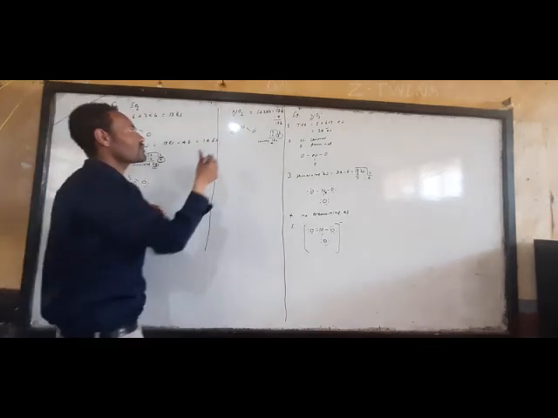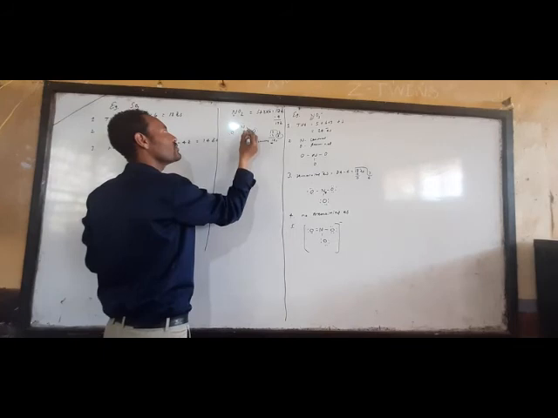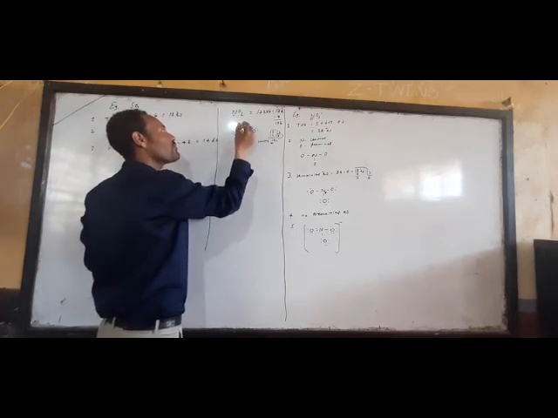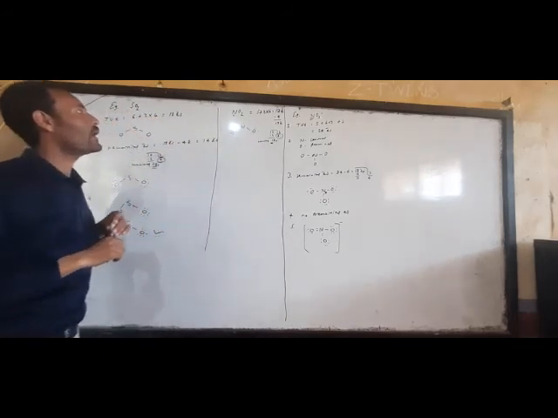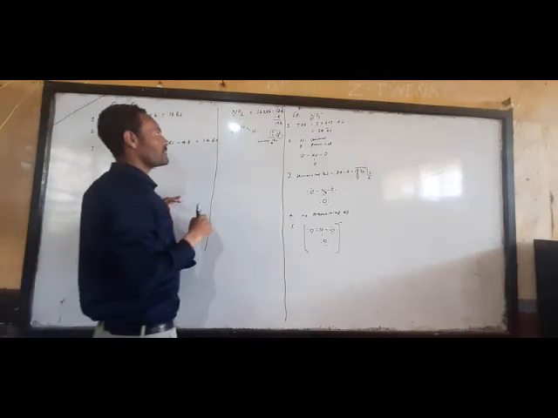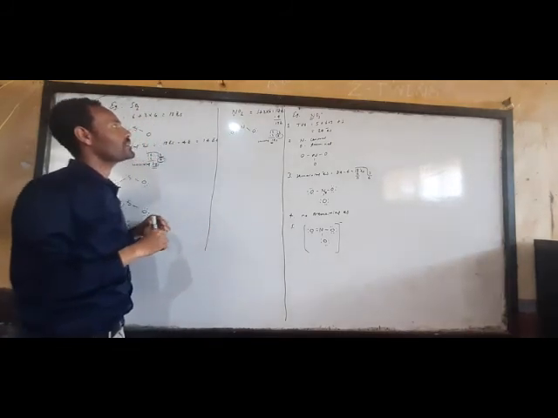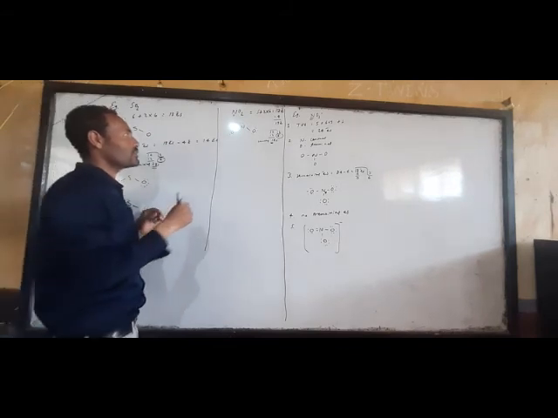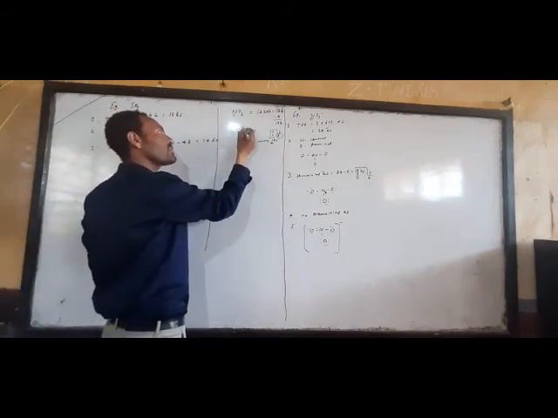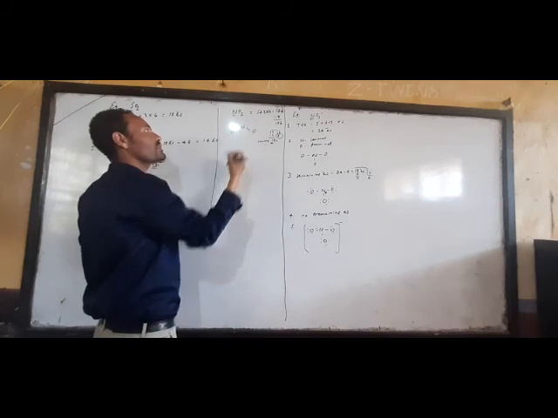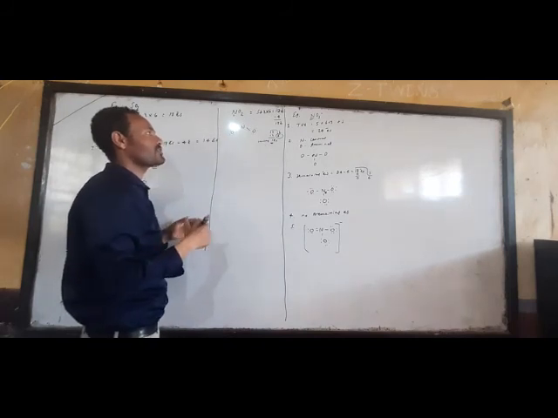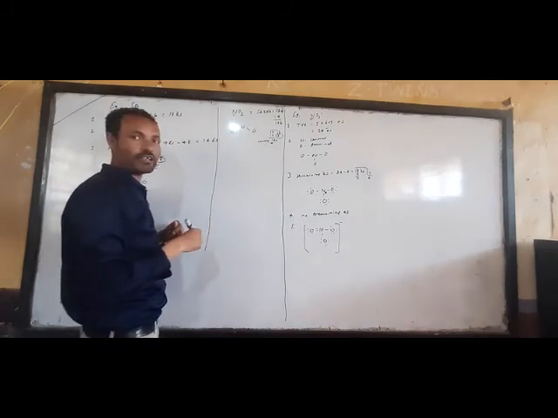So nitrogen now has 2 plus 2, 4, 4 plus 1, 5 electrons. So it is better to help this nitrogen atom possess electrons closer to 8 electrons.